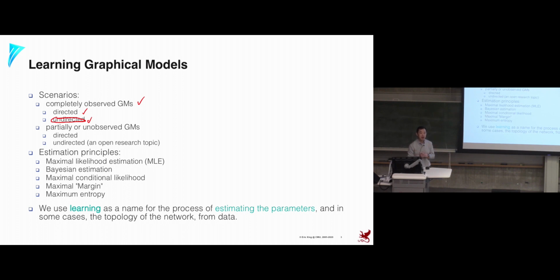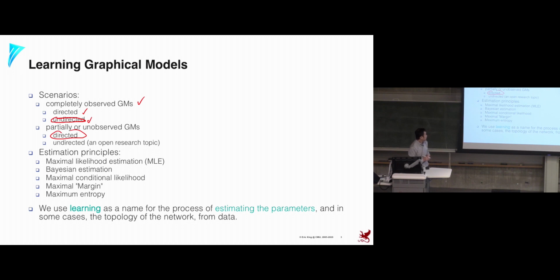You need to call subroutines which do inference in a graph. I'm not going to say too much about that today. Maybe in the future we're going to touch upon that. And then we're going to see learning partially observed or unobserved graphical models, again in directed and undirected cases. And I'm going to discuss a particular algorithm, very often used for these cases, today.